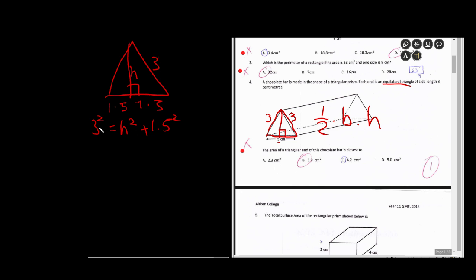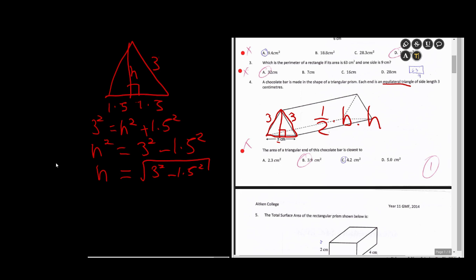We'll take h over to this side, put the 3 to the power of 2 on this side, so we get over here h squared is equal to 3 squared minus 1.5 squared, or in other words, h is the square root of 3 squared minus 1.5 squared.